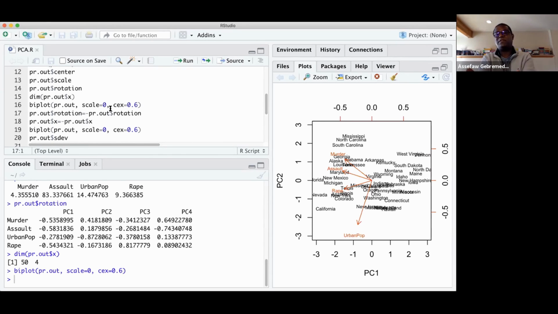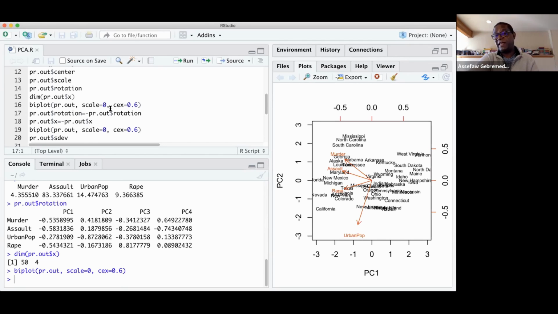Otherwise, the meaning of them is the same. Murder, assault, and rape, these are the kind of things that were related to the 3 crimes, and urban population was telling us about the size of the urbans. And Florida, if you remember, was on the right portion of it towards the middle, and now it is on the left because it is negative. So it's exact same thing, but mirrored, and this should not change the meaning of what the principal components analysis is doing.